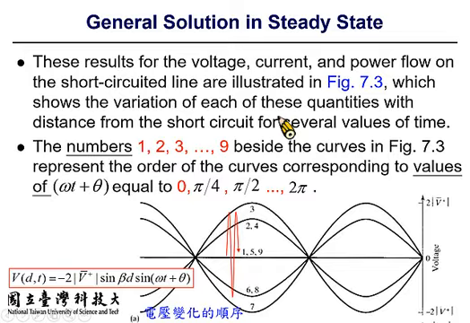We can write the result as beta d equals n pi, where n can be 0, 1, 2, 3, or any integer. Substituting beta as 2 pi over lambda, times d equals n pi, then you have d equals lambda over 2 times n.